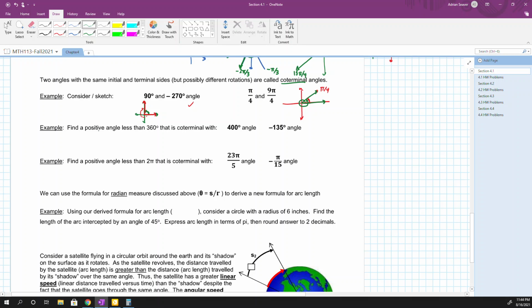We can say, find a positive angle that's less than 360 degrees that is also coterminal with a 400-degree angle, then a negative 135. The way we're going to do that is if it's greater than 360, I just subtract 360 degrees from that, and you have 40 degrees. That makes sense, right? I started at 400 degrees, right here, that's my 400-degree angle.